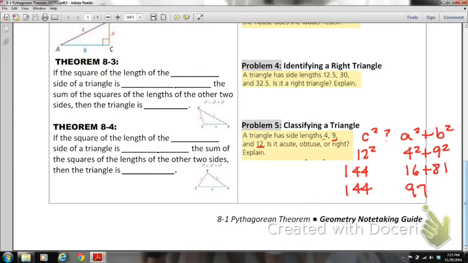And so 144 is greater than 97, so that means it's an obtuse triangle because the square of the longest side is greater than the sum of the squares of the other two sides.